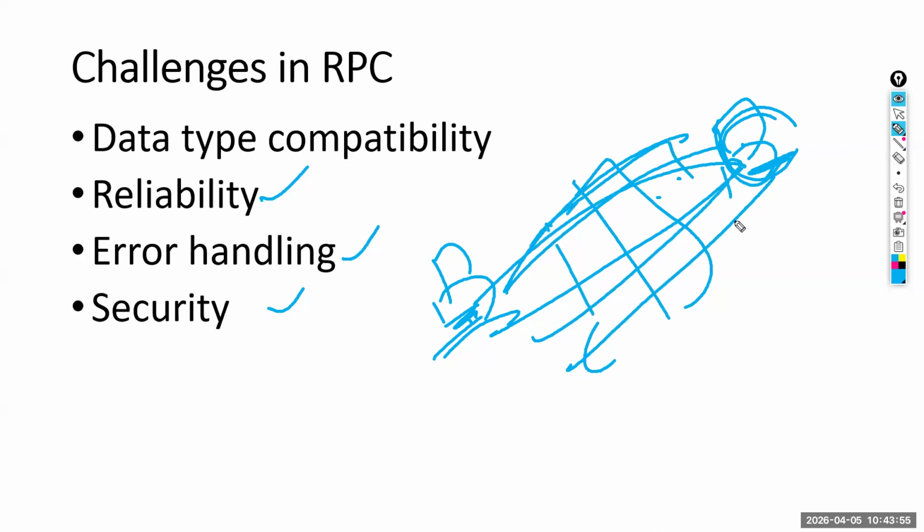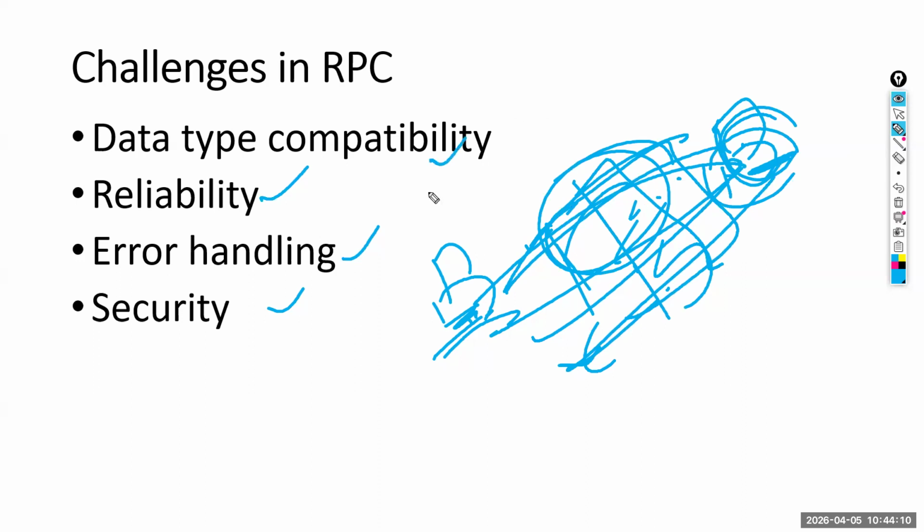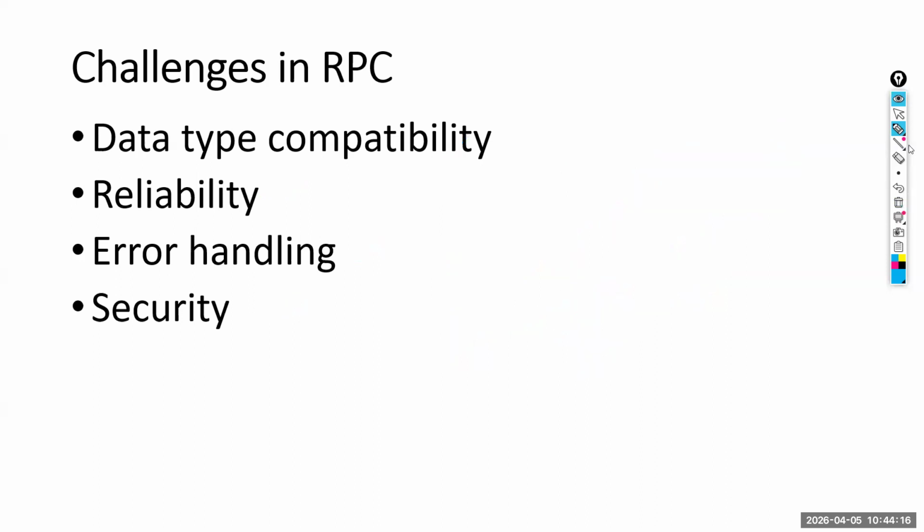Maybe the error is during the transmission in the network. How to report that error? How does the caller know there's an error in the network, or an issue in the other machine? That makes remote procedure calls more complex than local calls.